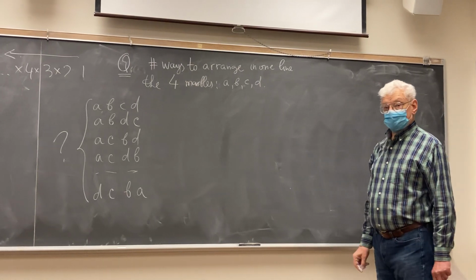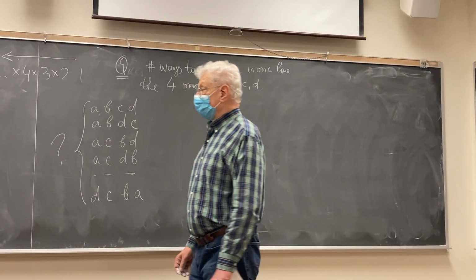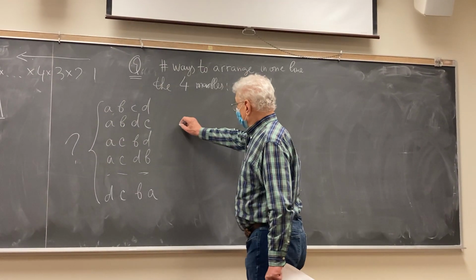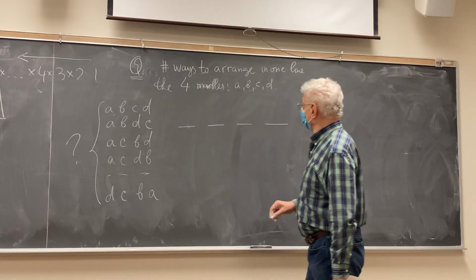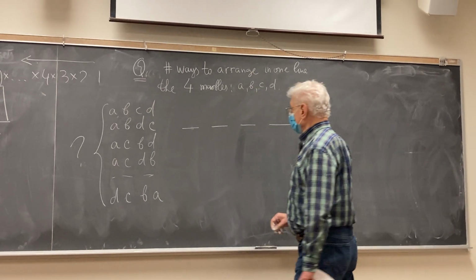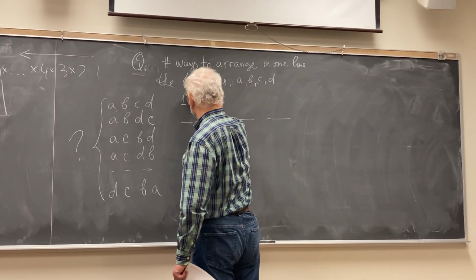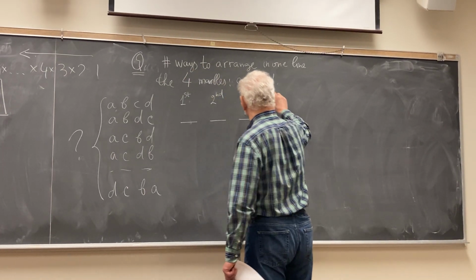The problem can be solved using the FCP, the fundamental counting principle, or multiplication rule. So what do you do? You have 4 positions: first, second, third, and fourth.